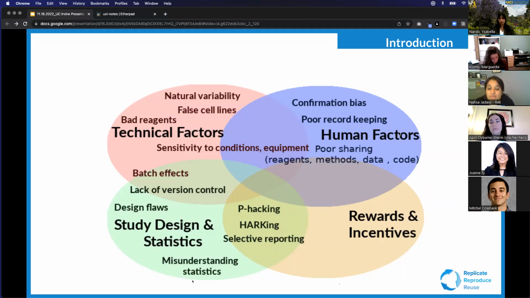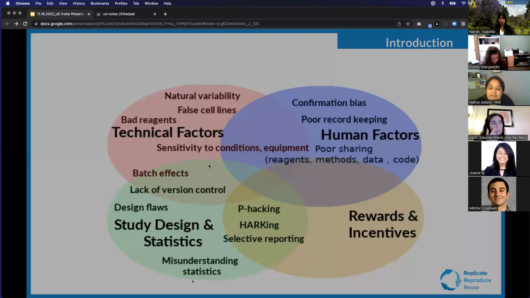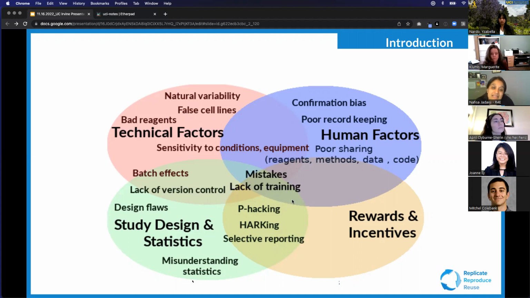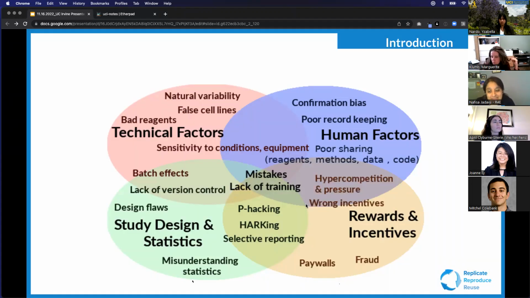Then there are mistakes and lack of training that do play an important role in decreasing reproducibility. And in terms of rewards and incentives, some of the incentives in scientific research are the hyper-competitiveness, the pressure to publish, to get novel data that's significantly different, and then, going back to selective reporting, right?